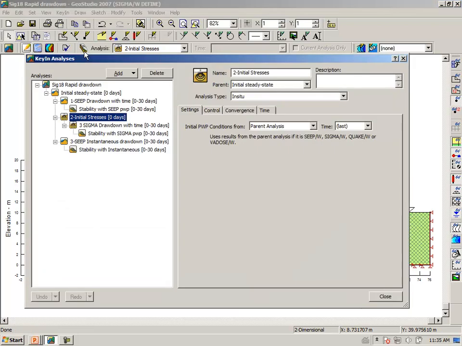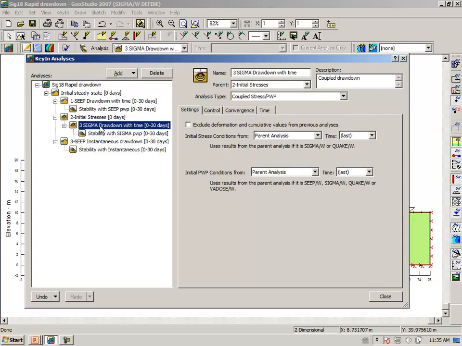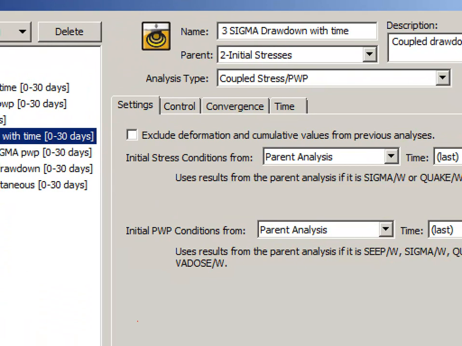Under our analysis tree, the first step then is to do a coupled drawdown with time analysis. Notice that we are again doing a coupled analysis. We are going to get our initial stresses from the parent, and we're going to get the initial pore water pressures from the parent.